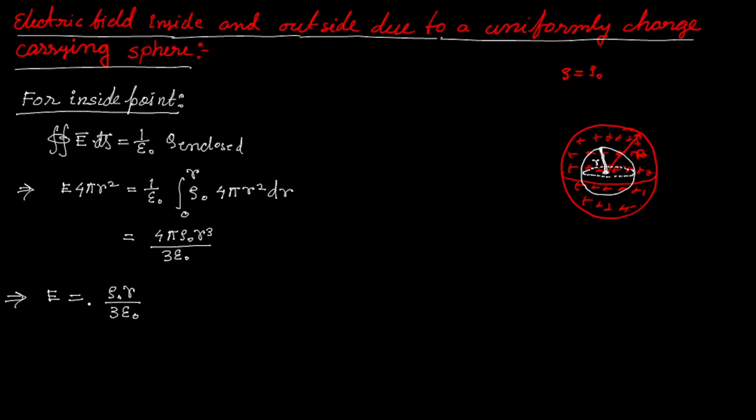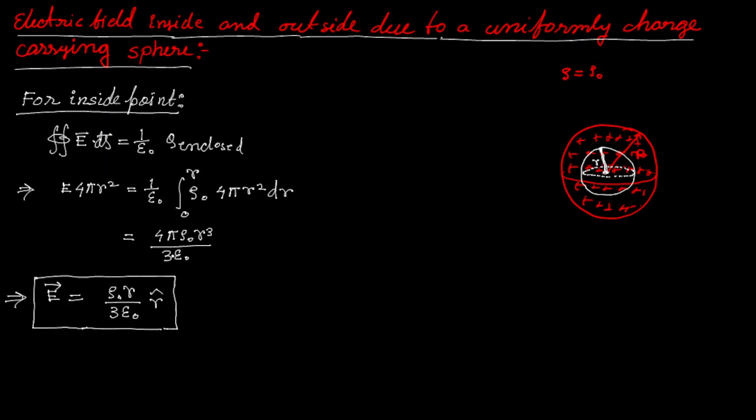Now finally we are getting a positive value of E. So if I want to write it in vector form, we'll simply put an r cap here. As we have already noticed, if the charge distribution is spherically symmetric, then it will have only r components. So if we get a positive value for the magnitude of this electric field, then it will be rho naught r divided by 3 epsilon naught r cap.